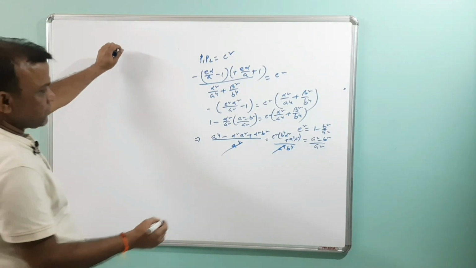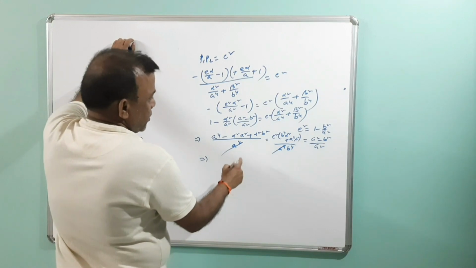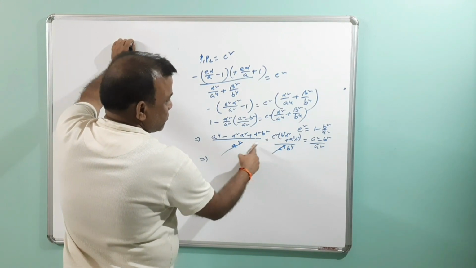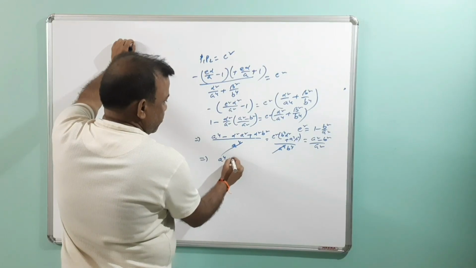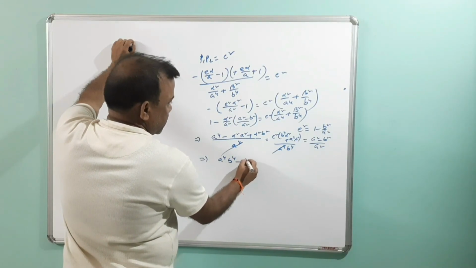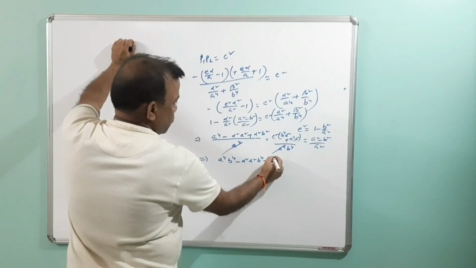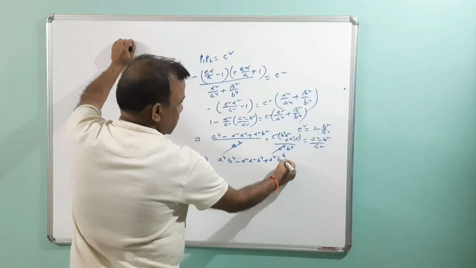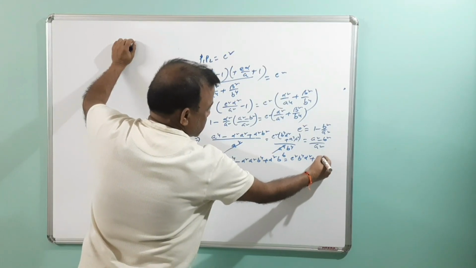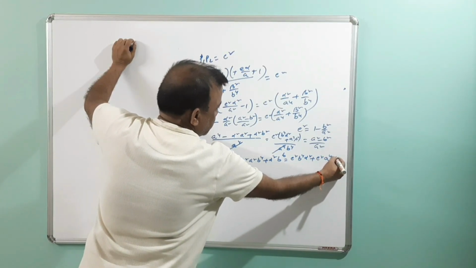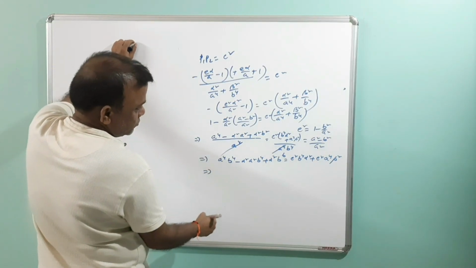Okay. Taking alpha square as common, a to the power 4 b to the power 4 minus alpha square a square b to the power 4 plus alpha square b to the power 6 equals c square b to the power 4 alpha square plus c square a to the power 4 beta square.